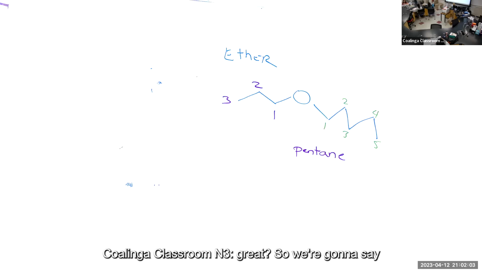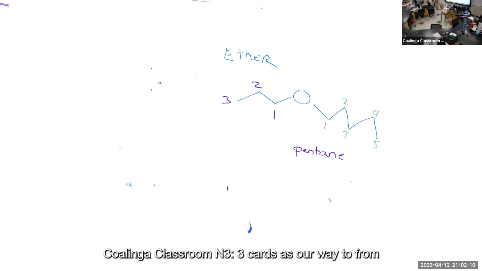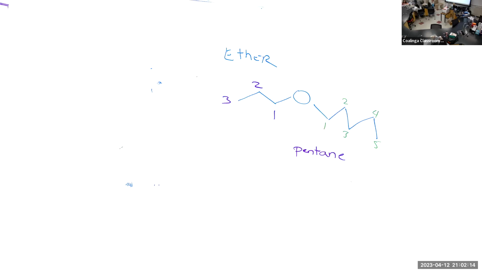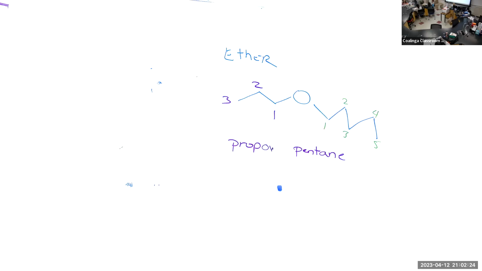So we're going to say, what is the prefix for 3? Prop. So what we're going to do is we're going to say prop, and then since there's an oxygen, we're going to say oxy. Propoxy. Okay, propoxy pentane.